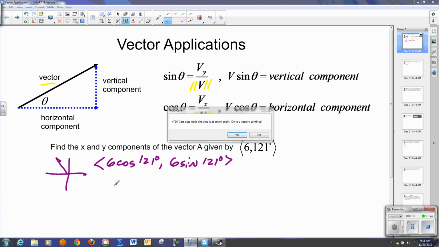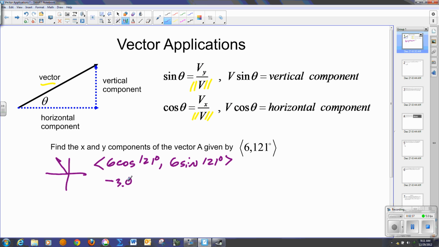So 6 times the cosine of 121 is about negative 3.09. And then 6 times sine of 121 is about 5.14. So this is my horizontal component. This is my vertical component for the vector given with its magnitude and direction. Let's move on to some applications now.